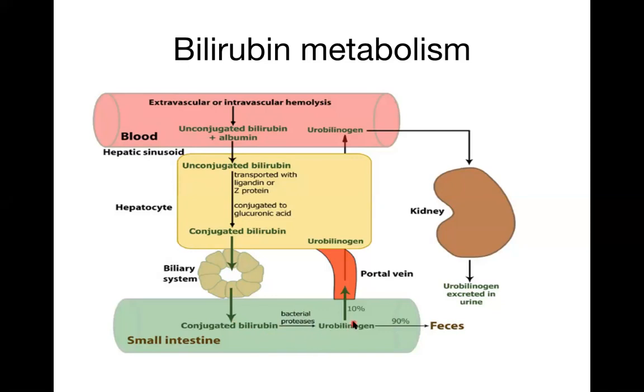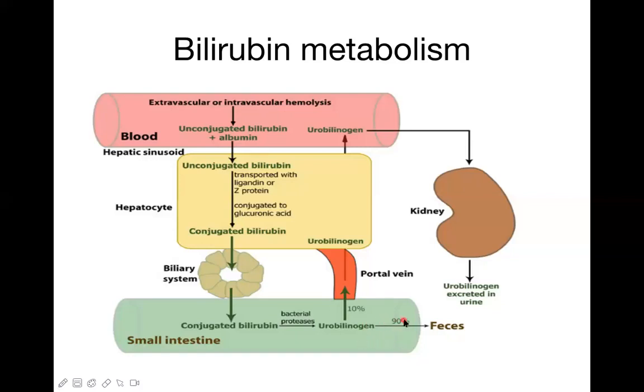Now, around 10% of the urobilinogen will be reabsorbed back into the portal circulation and reach the blood again or towards the liver, and the other 90% will be excreted in the feces. But there is one extra thing forming in between.